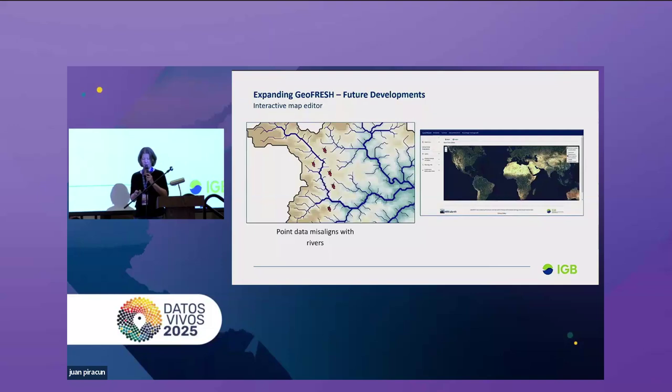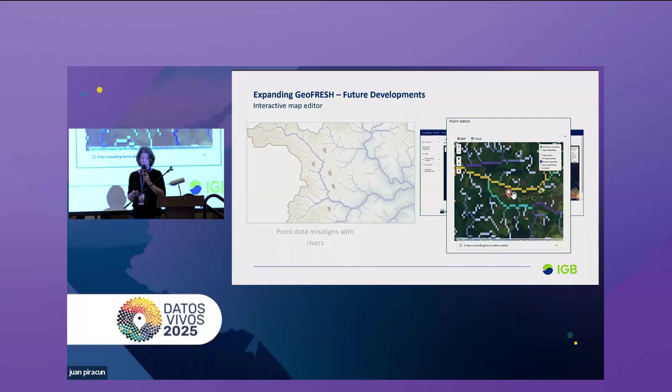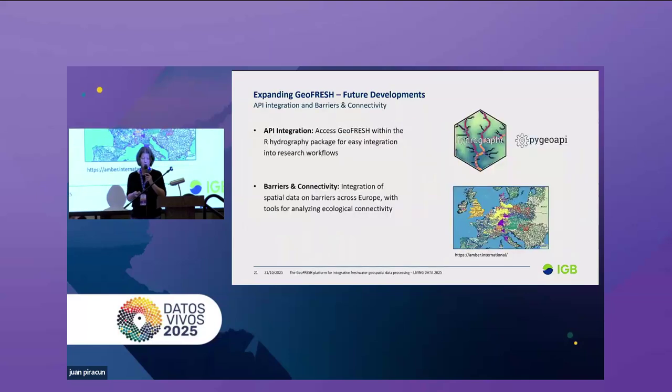So it adds some more interactivity, and the same is true for the snapping. So we will add some interactive snapping tools where you can move the point to the correct location if you have some more information, for example, that this should be on the main river. And we will integrate all these processes that I just presented.